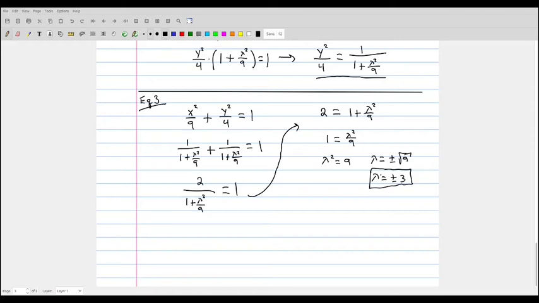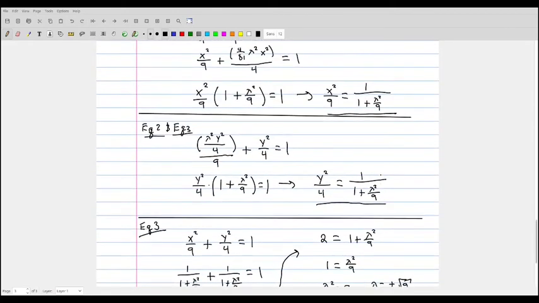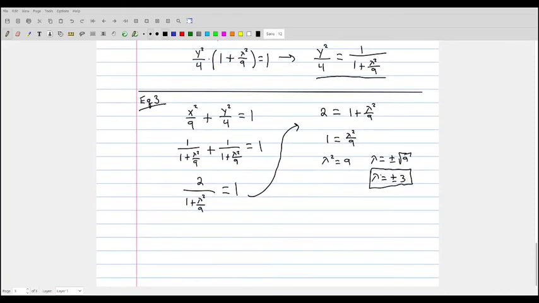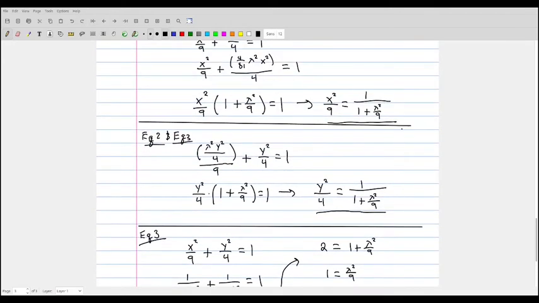Not only that, now that we have our two possible values of lambda, we can actually go through and use this in our previous two equations. We can call these two equations, if you want, equation 1 star and equation 2 star, just for labeling purposes.